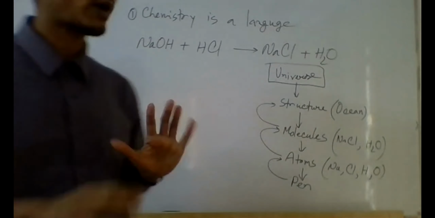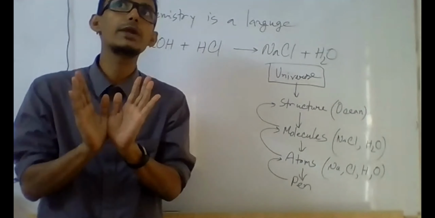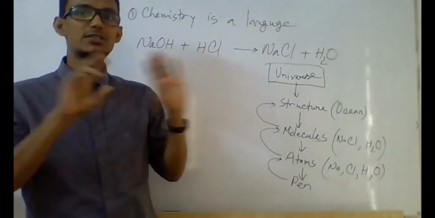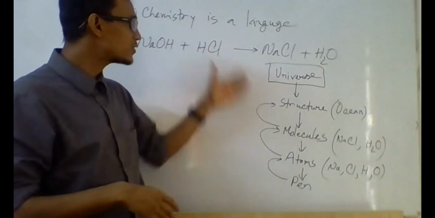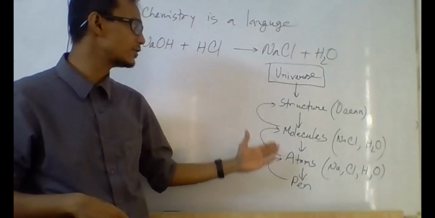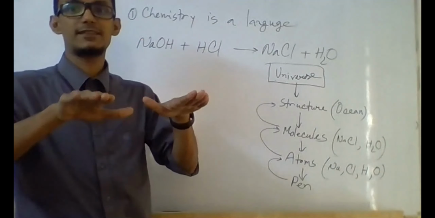So this is basically the vision I'm giving you of where we want to go. First we'll learn chemistry language, and these two will go simultaneously. Chemistry language and protons, electrons, neutrons, atoms, molecules, structures, we will learn at a similar pace.